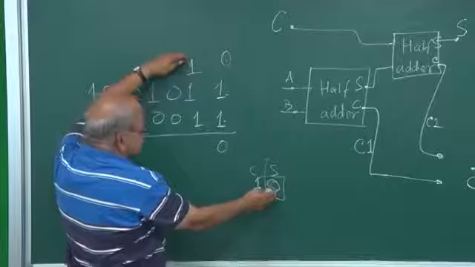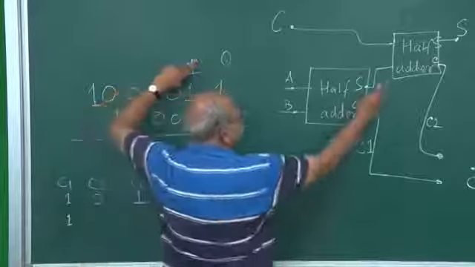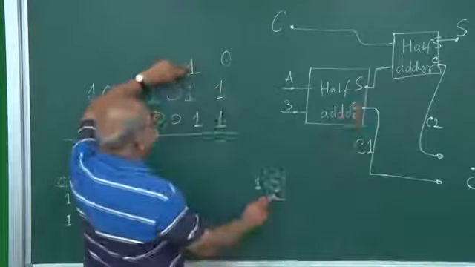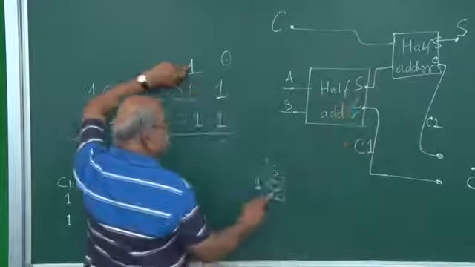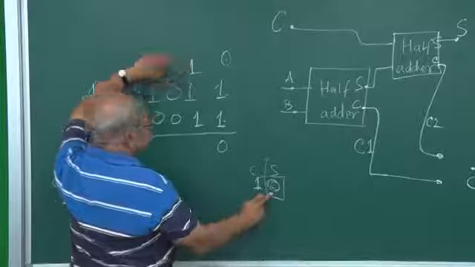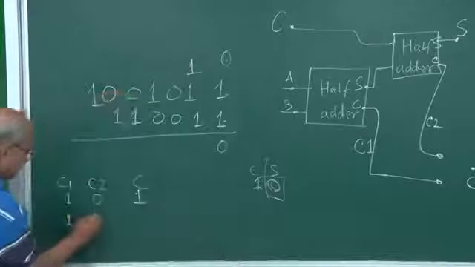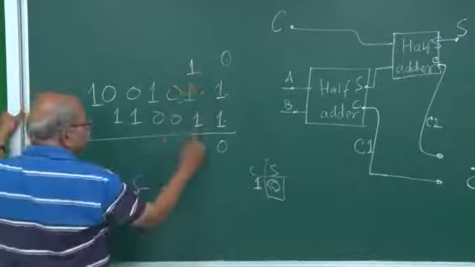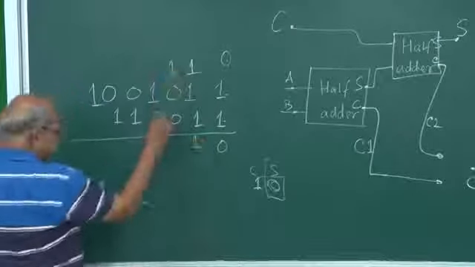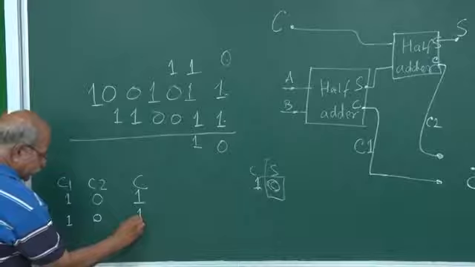So 1 and this 0 are going into this half adder. If 1 goes here and 0 goes here, the carry is 0. So C2 is 0. And then it will be 1 here and 1 here, so your C is once again 1.